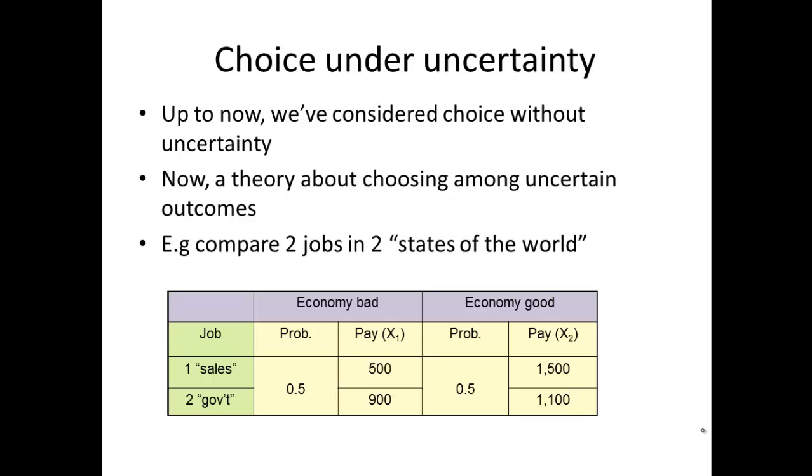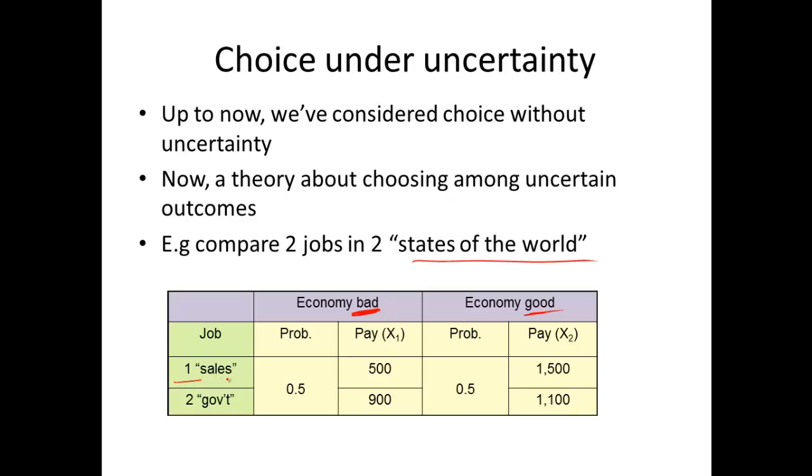So to make this clear, let's think about jobs in 2 states of the world, where states of the world are things that could happen. So for us, these things that could happen is that the economy could be going well, the economy's good, or the economy's going badly, so the economy's bad is another state of the world. And let's suppose there are 2 different jobs that have different payoffs in different states of the world.